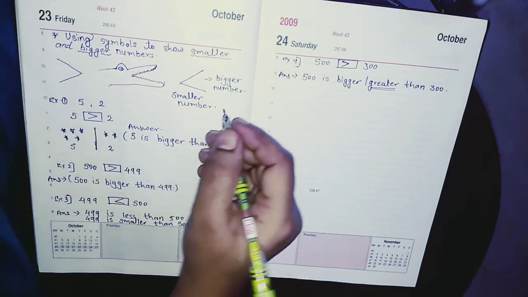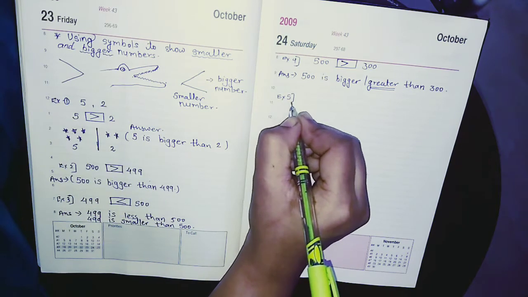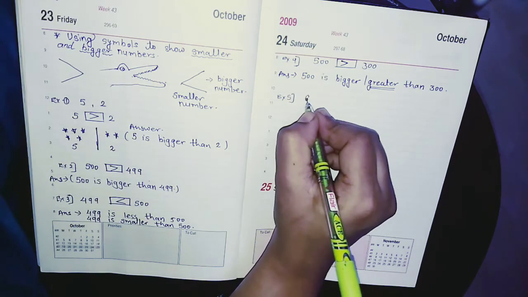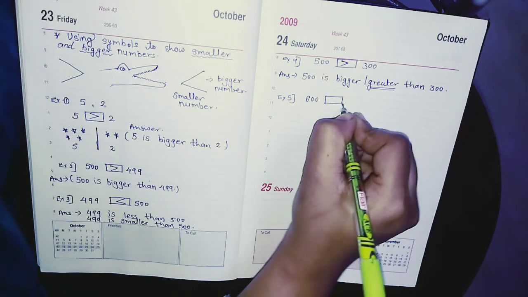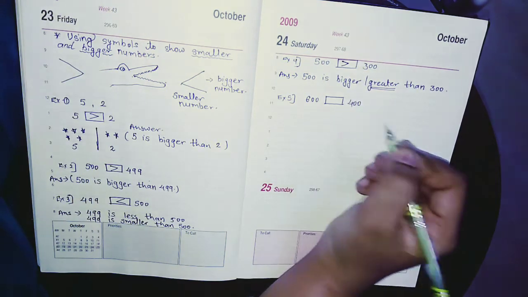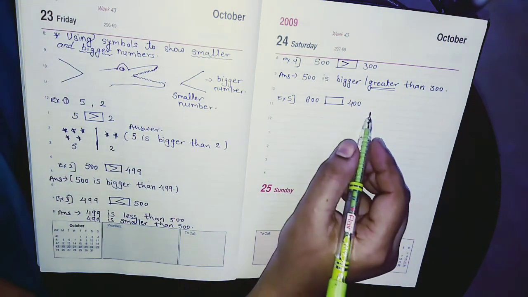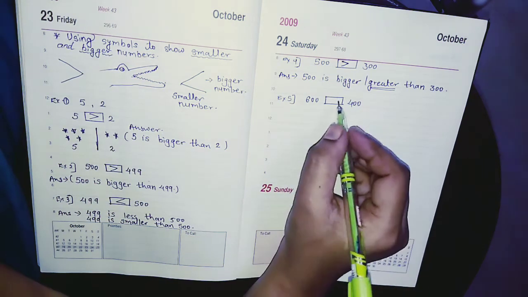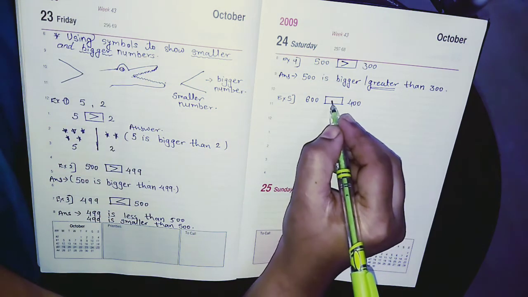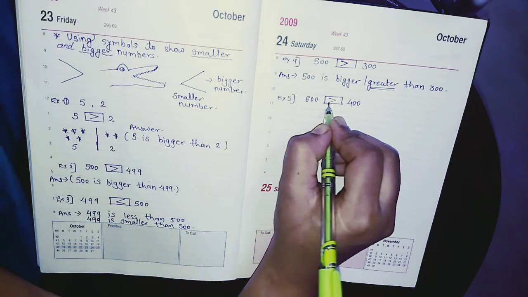Now next example. Example number 5. Compare number 600 with number 400. How will you do that? It is quite easy to understand. 400 is a smaller number, 600 is a bigger number. So the open end of the alligator mouth will be towards 600 and the closed end of the alligator mouth will be towards 400.